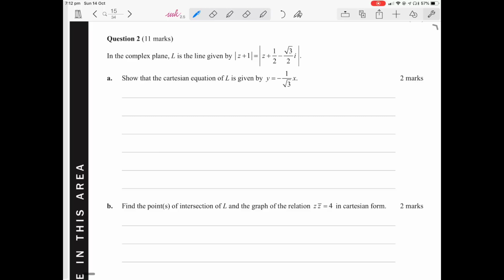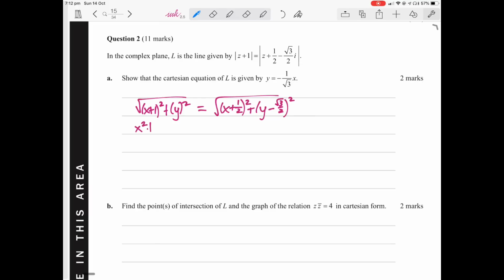Okay, show the Cartesian equation of this complex line is given by that. That's a bit nasty. Okay, we could just use square root x plus 1 squared plus y squared equals x plus 1/2 squared plus y minus root 3 on 2 squared.